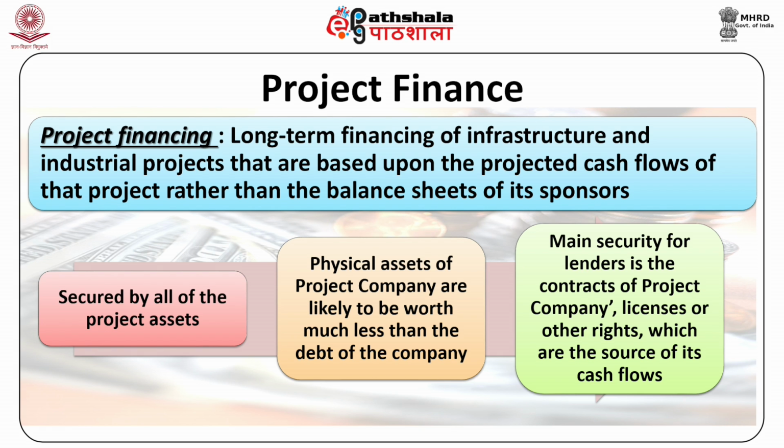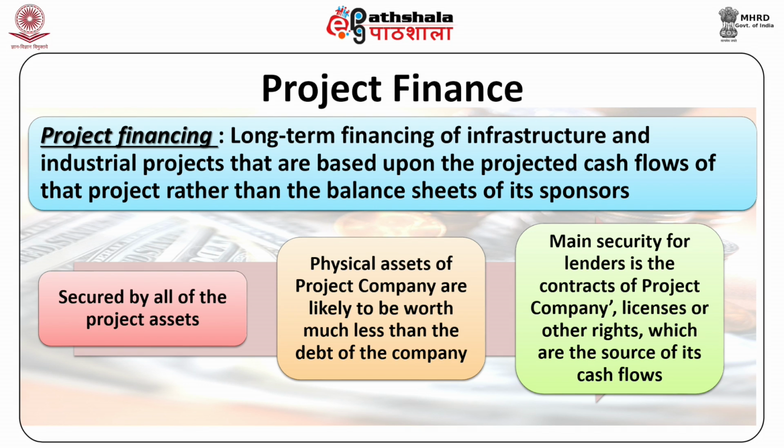This financing is typically secured by all of the project assets, including the revenue producing contracts. The physical assets of the project company are likely to be worth much less than the debt of the company if they are sold off after a default of the financing. And in projects involving public infrastructure, they cannot be sold anyway.